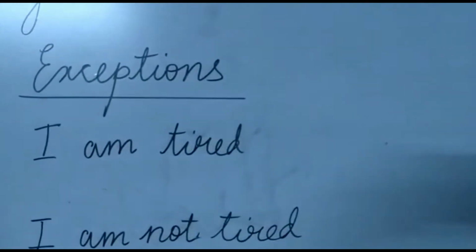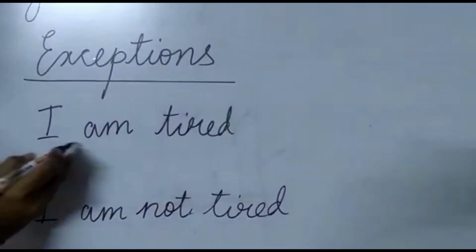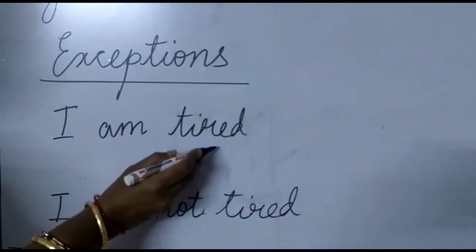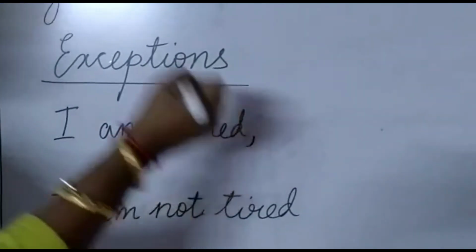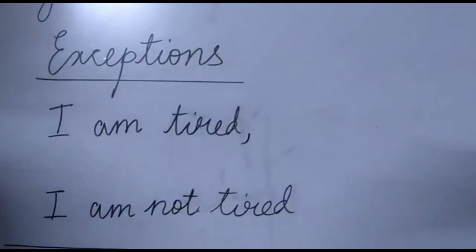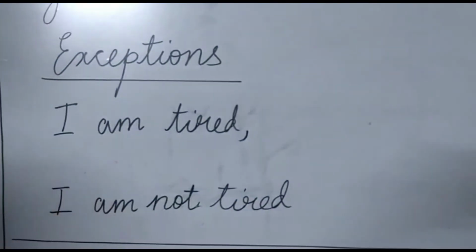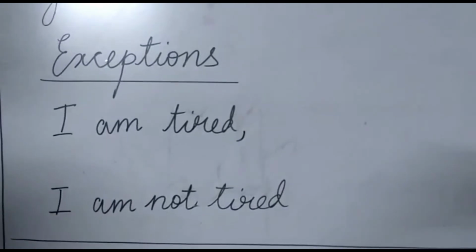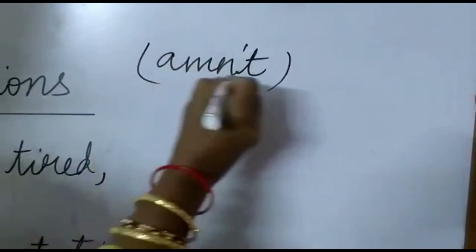"I am tired." So in this sentence, is it a positive statement or a negative statement? It is a positive statement. So what is the negative for "am"? Everybody will say "am not" or "amn't." No. As I told you earlier, you should not use "amn't."